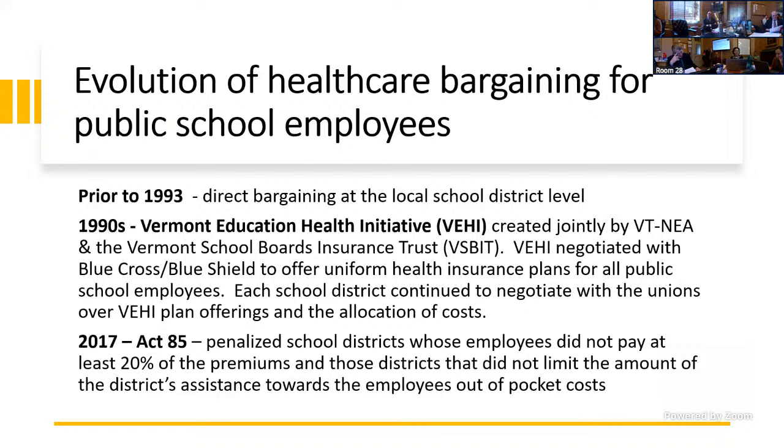Each school district continued to negotiate with the unions at the local level, but over the plan offerings that had been developed with VEHI. Then in 2017, with Act 85, the legislature passed an act which penalized school districts that didn't require their employees to pay at least 20% of the premium cost for their health insurance, and also those districts that didn't limit the amount of the district's assistance towards the employees' out-of-pocket costs.